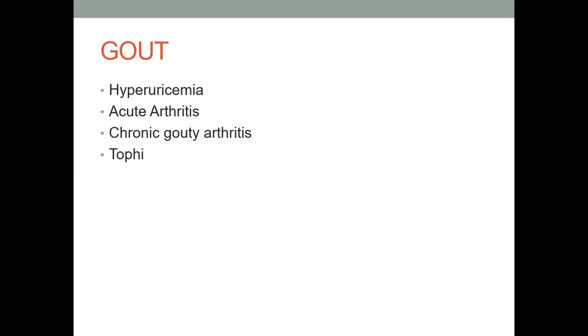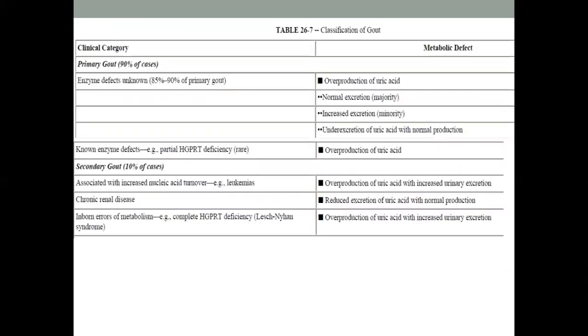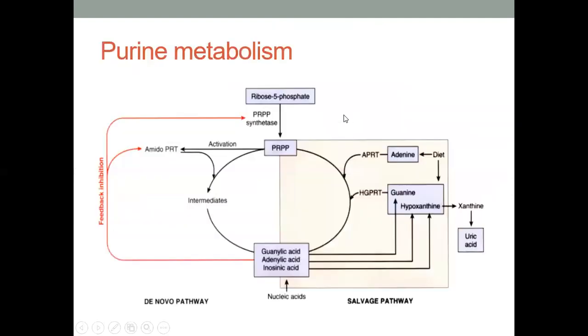Gout is divided into two main types. One is primary gout, in which there are 90% of the cases. There are enzyme defects, they are unknown, and the metabolic defect is overproduction of uric acid with normal excretion or with increased excretion of uric acid.